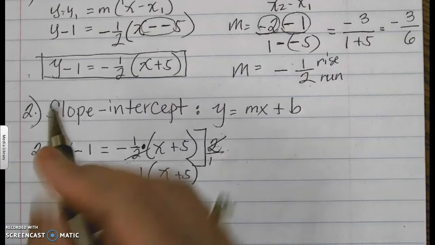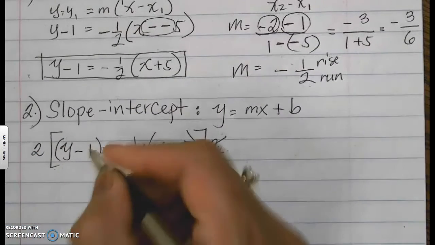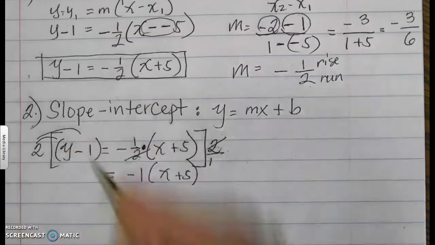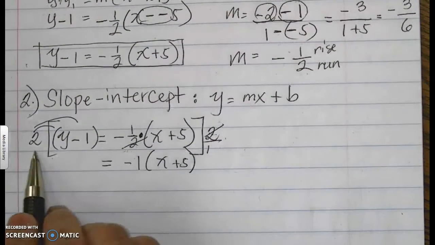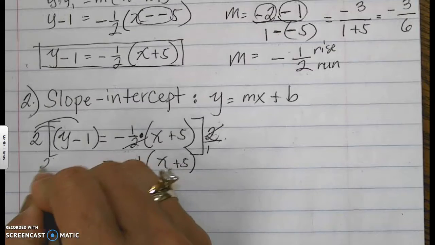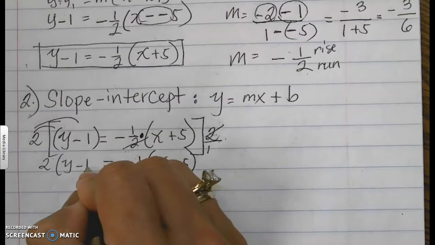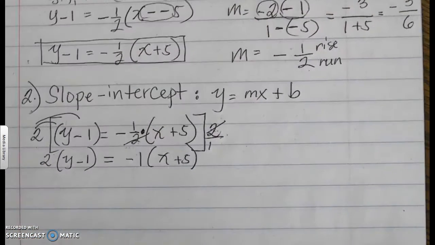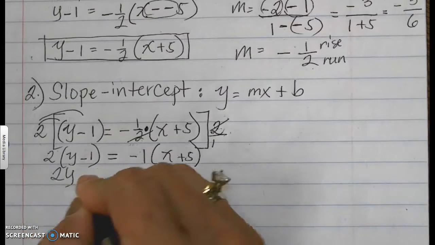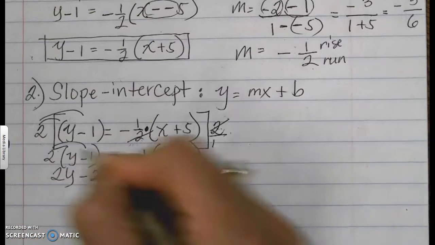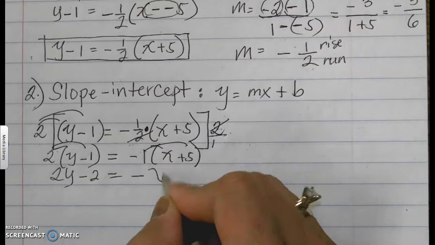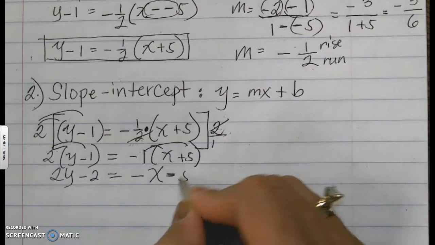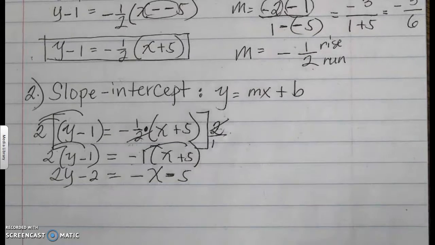Because that's a minus, then this 2 will have to be distributed, like how you learned it in your lower grades. So let's simplify further. 2y minus 2, when you multiply, equals -x minus a 5, because that's -1 times 5.